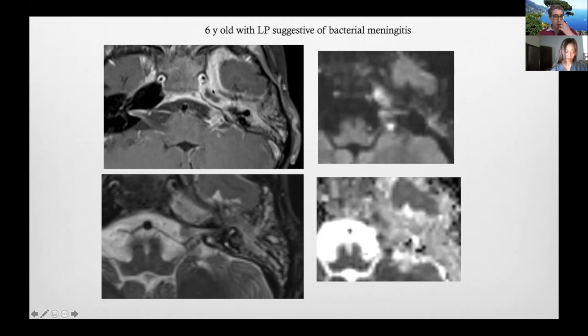This is another case, a patient from Rob. And you see in diffusion, you actually have diffusion restriction at this level. So this radiologically was interpreted as a petrous apex abscess, which is a very, very serious situation.